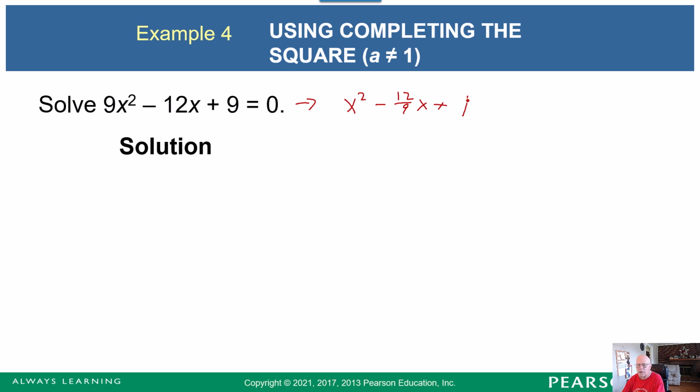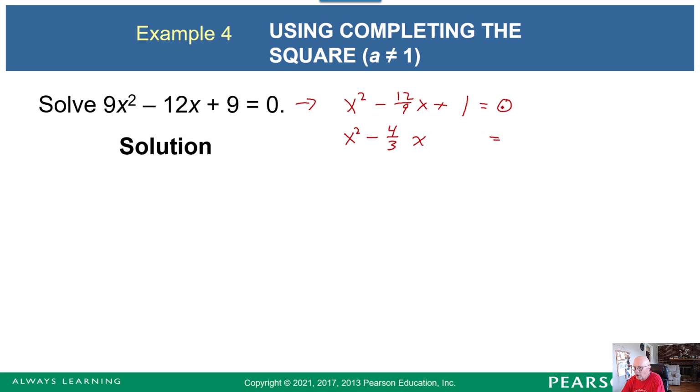Okay, the number in front of the x, the coefficient of x, the one right here, I'm going to take that negative 4 over 3. Remember in the last one I divided it by 2. Well, dividing by 2 is the same as multiplying by 1/2, remember?